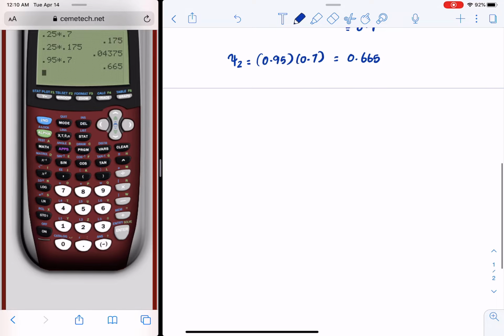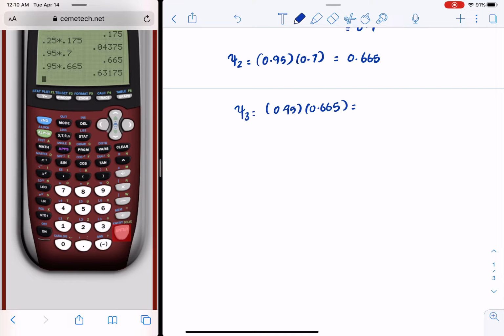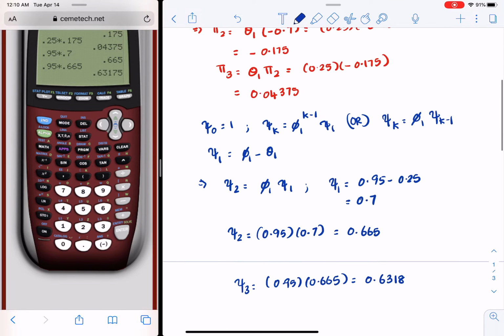In a similar manner, psi 3 would equal 0.95 times 0.665, which would be 0.6318. And you can see this AR part is decreasing in terms of the psi weights slowly compared to the pi weights.